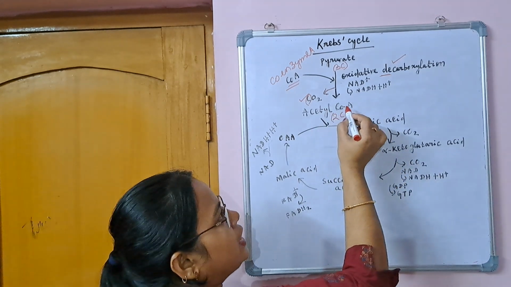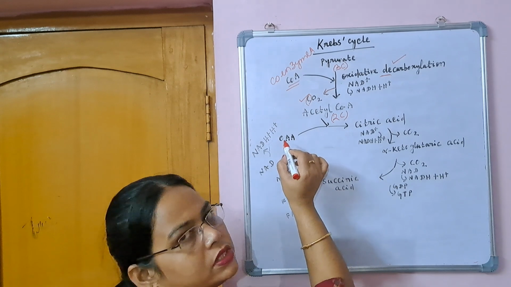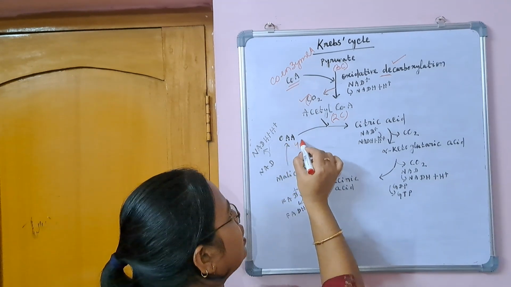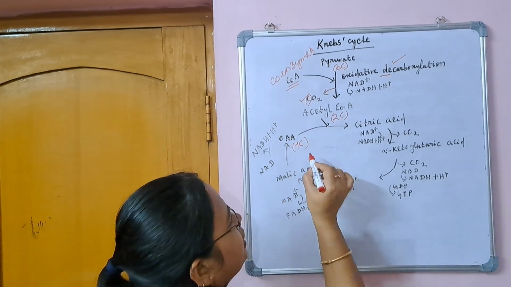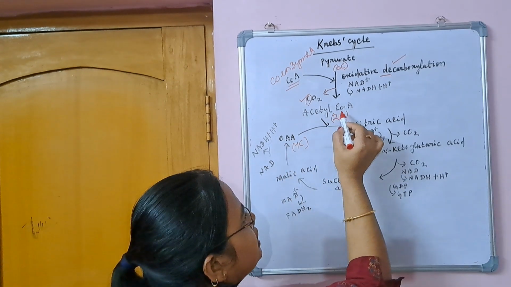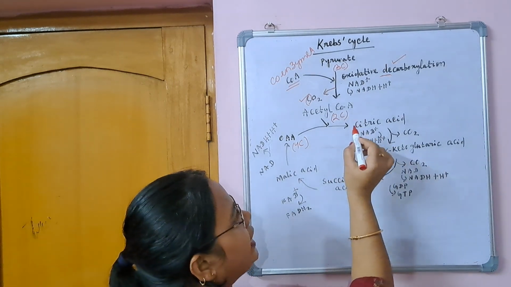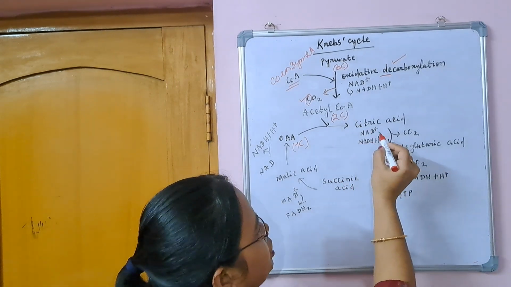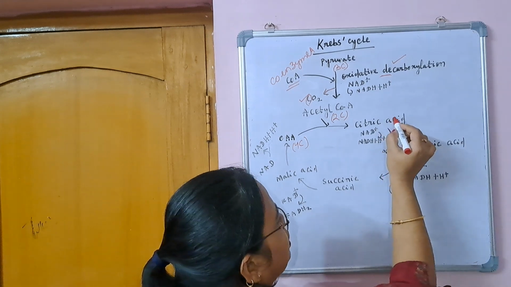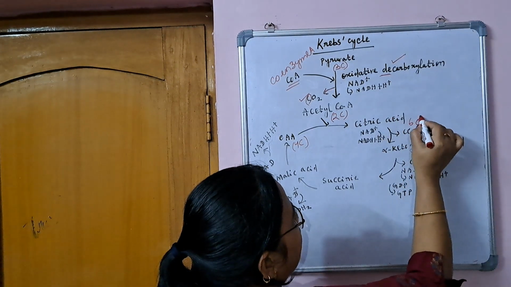Now this acetyl coenzyme A, which is a 2-carbon compound, will be added to oxaloacetic acid. That's a 4-carbon compound. And this 4-carbon compound oxaloacetic acid will be added to acetyl coenzyme A in the presence of citrate synthase. That enzyme will regulate the production of citric acid. This citric acid is a 6-carbon compound.